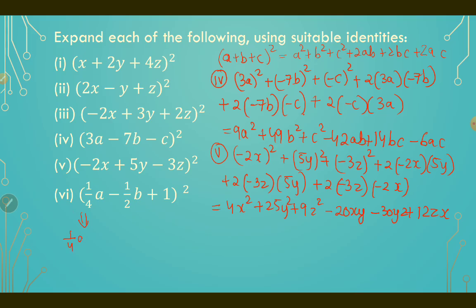This is also the same identity. 1 by 4a the whole square plus minus 1 by 2b the whole square plus 1 plus 2 into 1 by 4a into minus 1 by 2b plus 2 into minus 1 by 2b into 1 plus 2 into 1 into 1 by 4a.